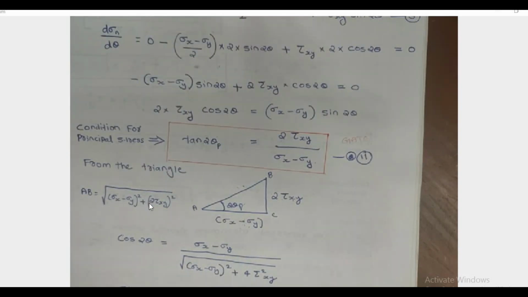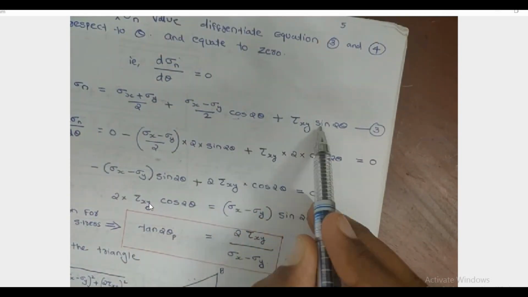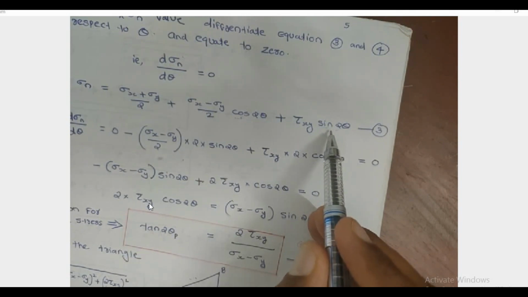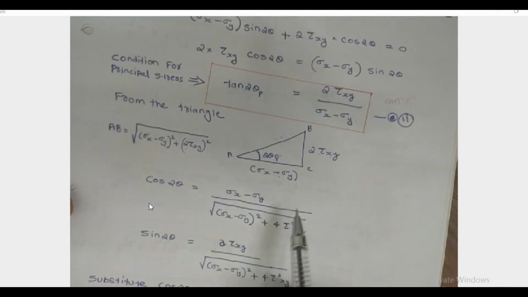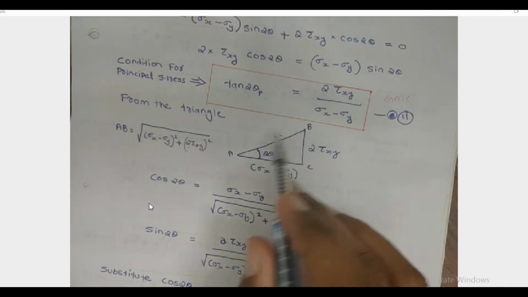So we got this triangle. I construct this triangle to calculate this cos 2 theta and sin 2 theta. We know the two sides of this triangle.